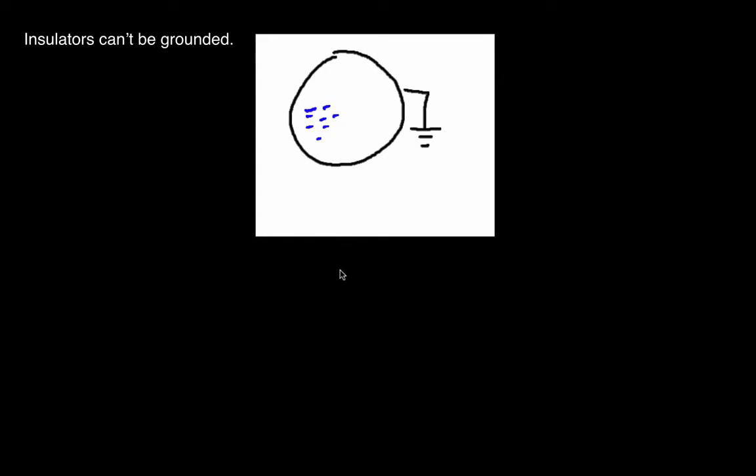Because electrons can't flow freely, the insulator can't be grounded. The electrons get stuck in clumps on the surface, as they're unable to flow through the insulator.